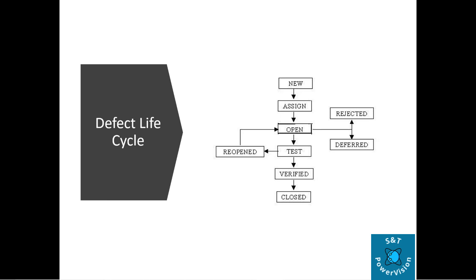If it is an invalid defect, he can reject it. If the defect is valid, he fixes it and reassigns it to testing. Then the tester retests the defect, and if it is fine, he can go for its closure, mentioning the comment.